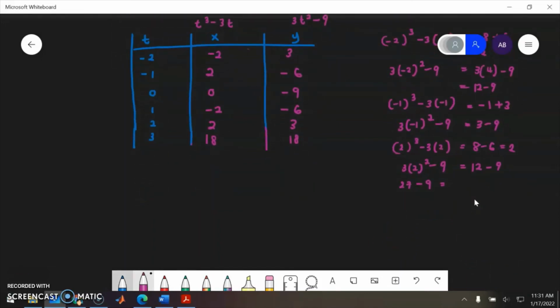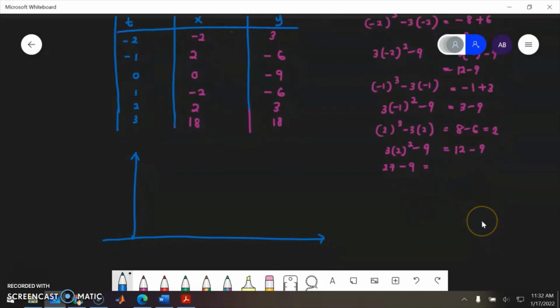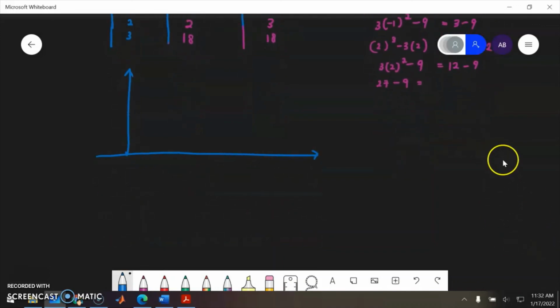So what we have here, if I have a graph of x and y, it depends how big my graph is. I'm just going to consider until we can see that we have more negative values than positive values.